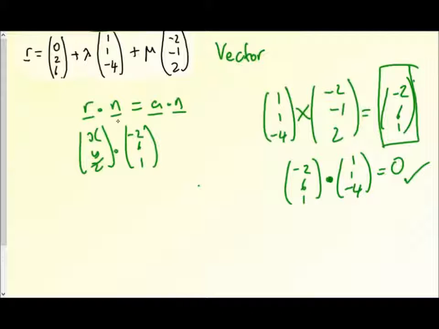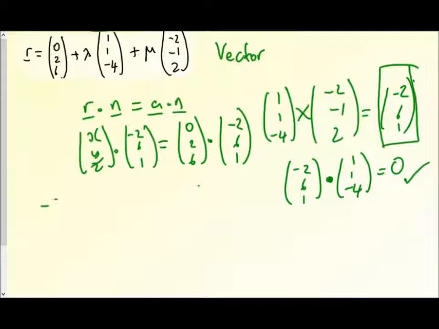So going back to our equation here, in the normal form, r dot n is equal to a dot n. So a is going to be a specific point in that plane. Let's use the point A, (0, 2, 6), although you could use any of the other three. And we'll do the dot product with that and the normal.